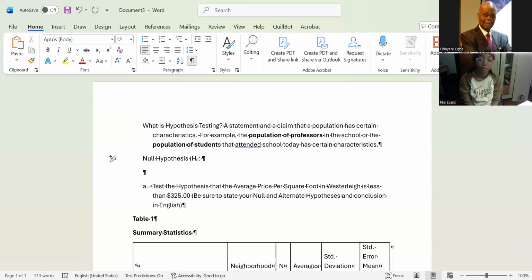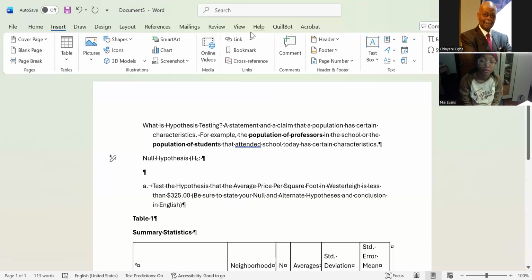The null hypothesis is that the population mean, usually mu, is equal to some value.